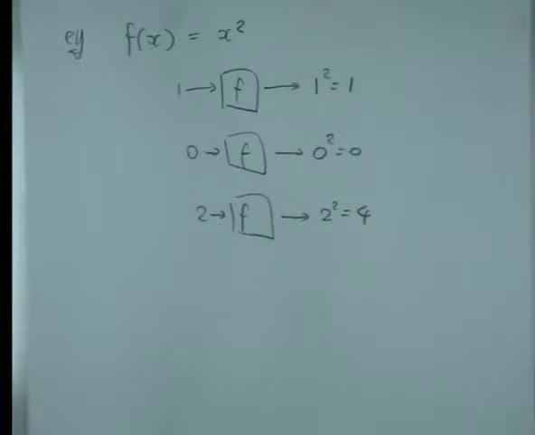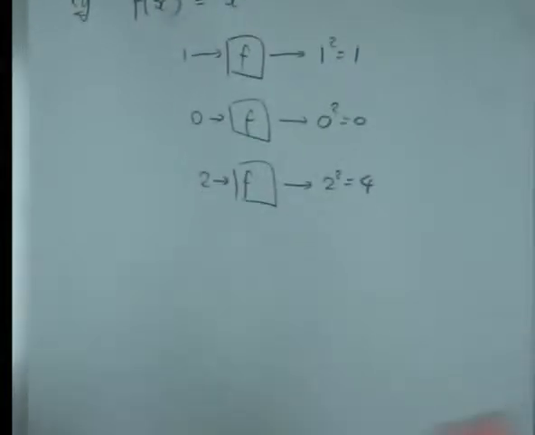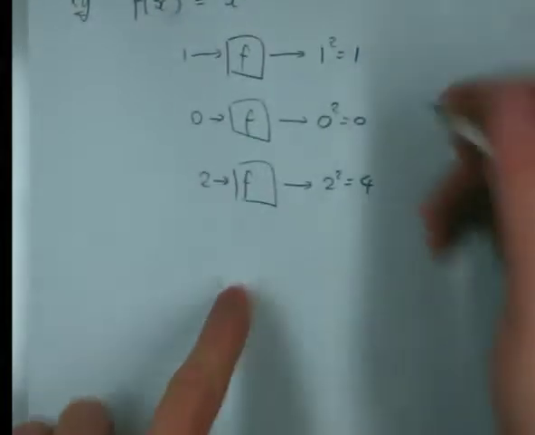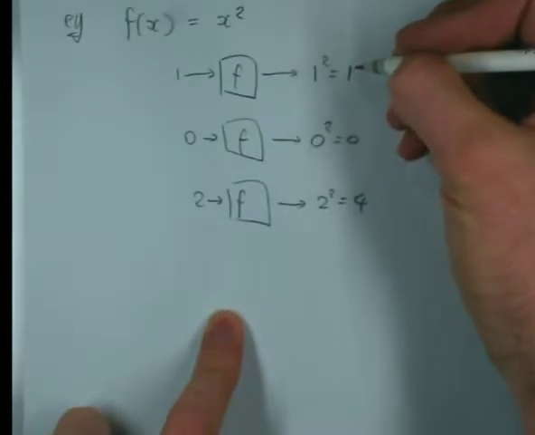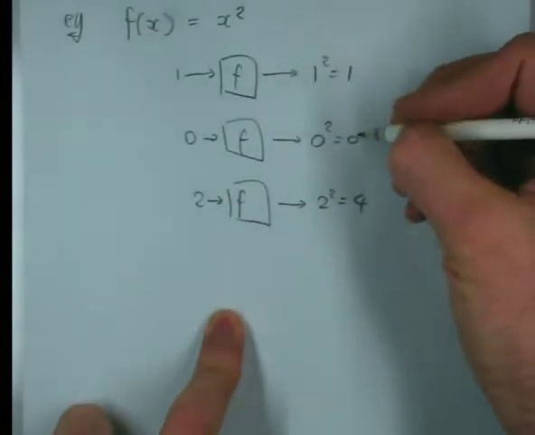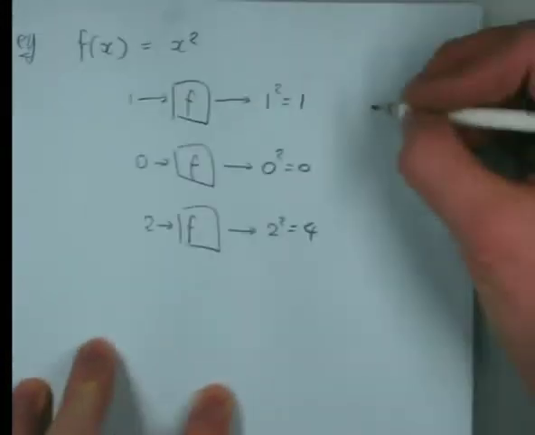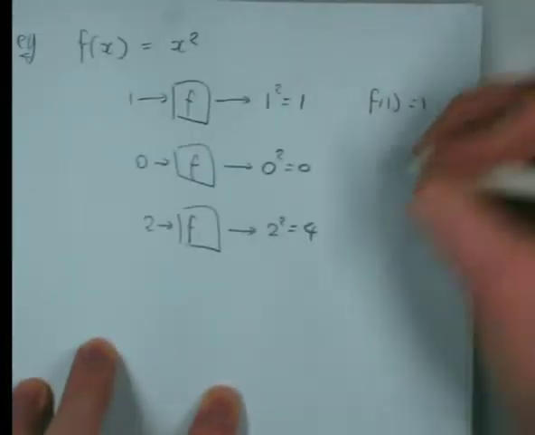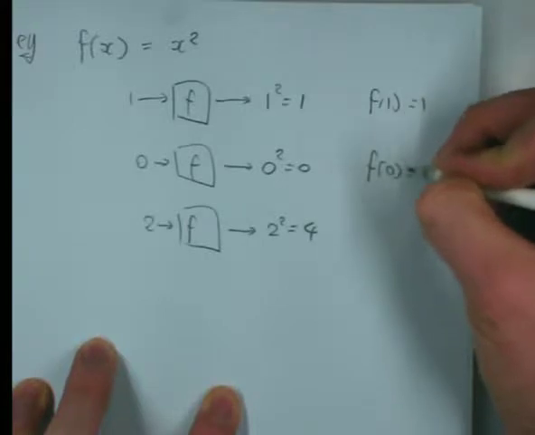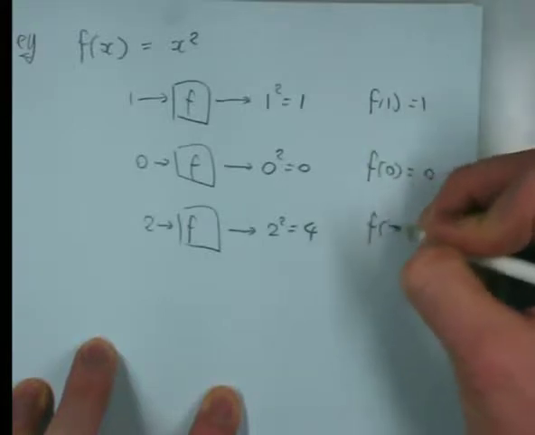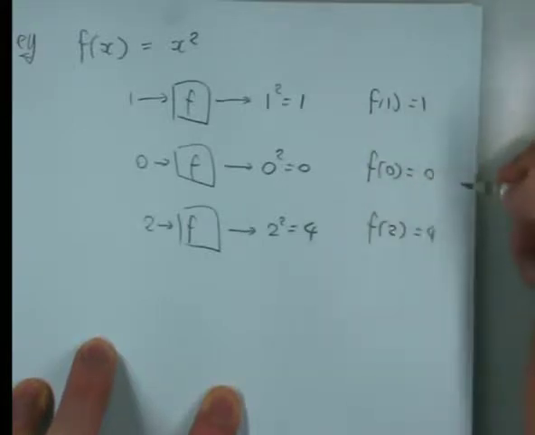And the numbers that you're allowed to put in I call the domain. So the concept here is that this number here is called f of 1, and this number here is called f of 0, and this number here is called f of 2. So this is saying that f of 1 is 1, f acted upon 0 is 0, f acted upon 2 is 4.